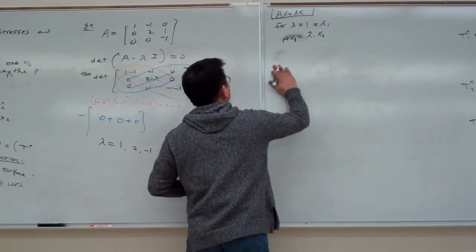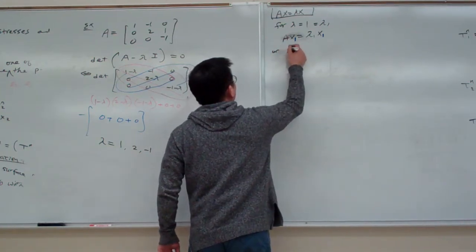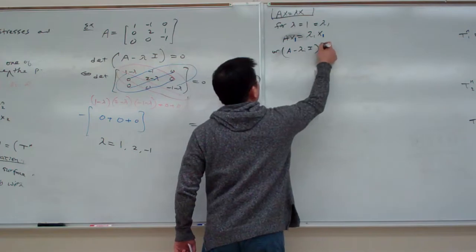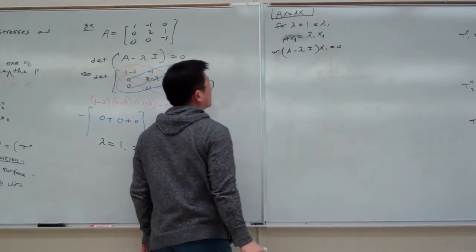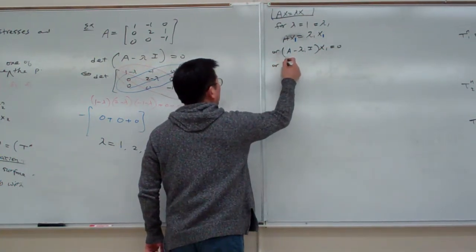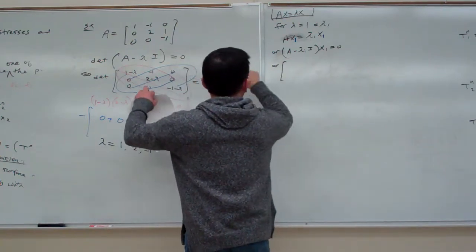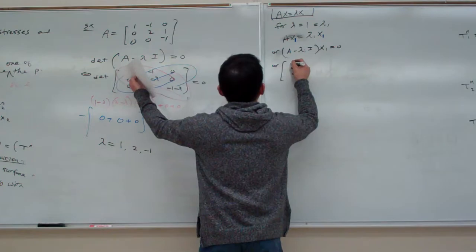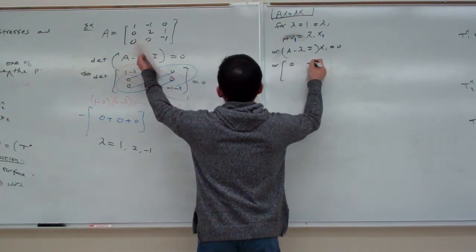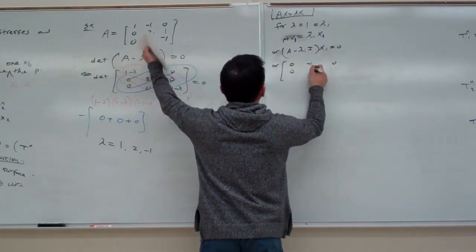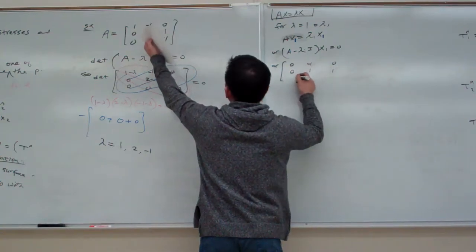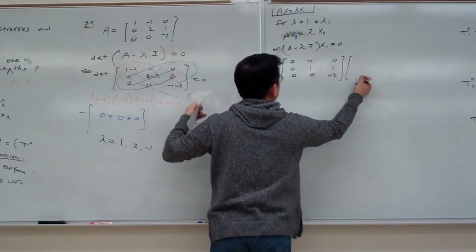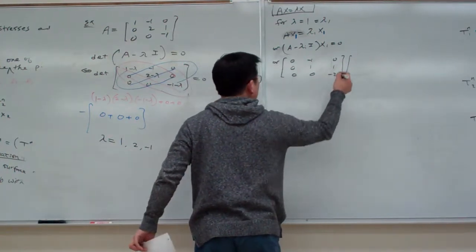And A minus lambda I times x1 equals 0. Okay, so that means we plug in here A minus lambda I. So that is [0, -1, 0; 0, 1, 1; 0, 0, -2].